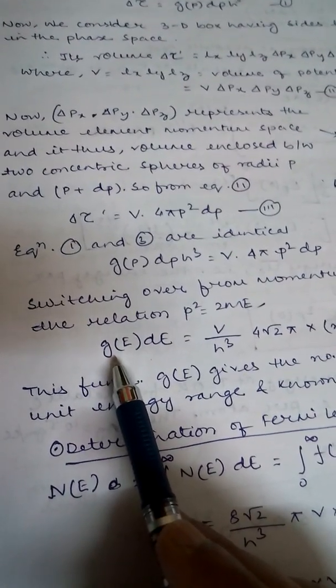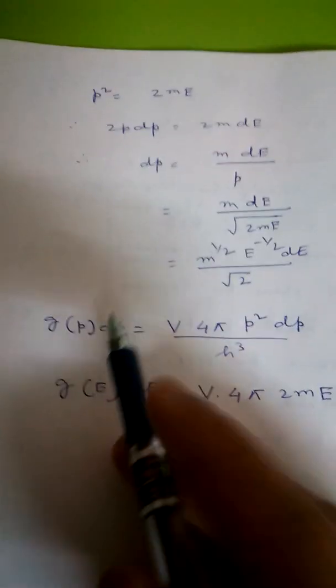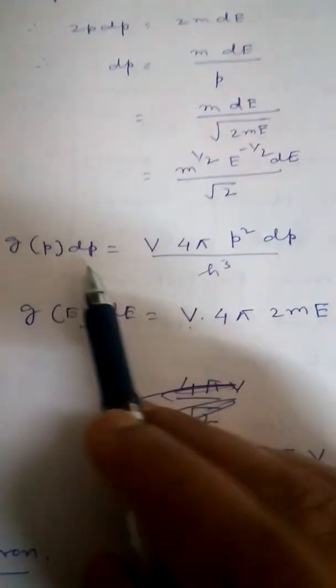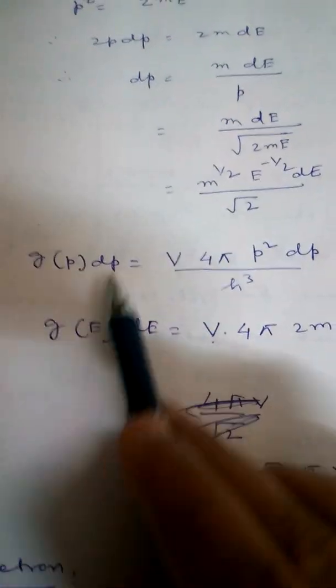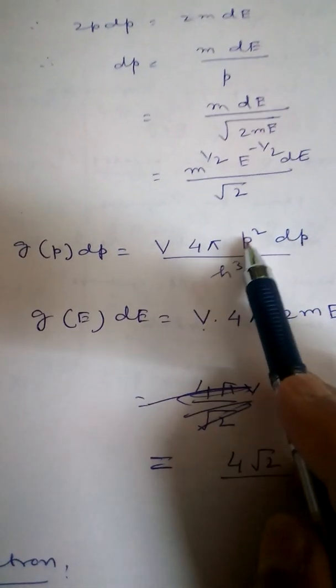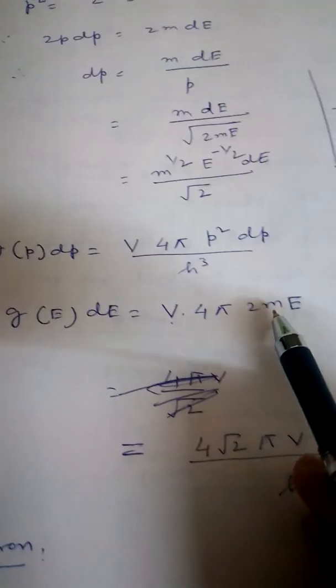Let us explain once again. We consider this g(p)dp. From the previous expression, the value of g(p)dp equals V 4 pi p square dp by h cube. Now this p square and dp should be converted into energy.